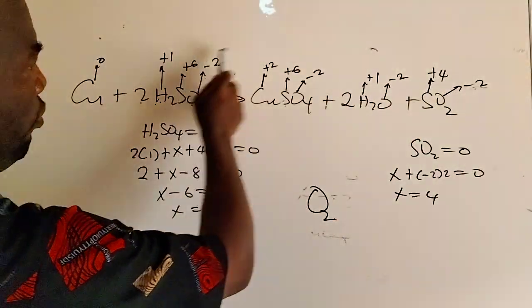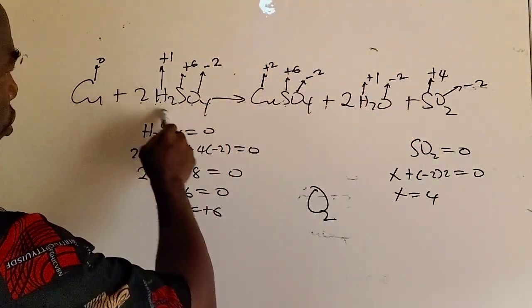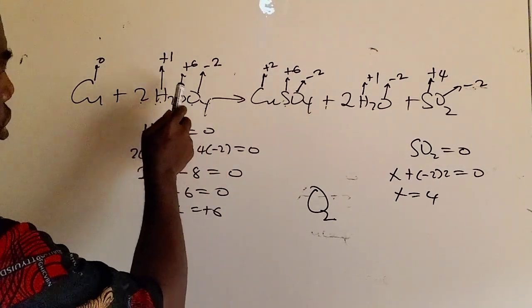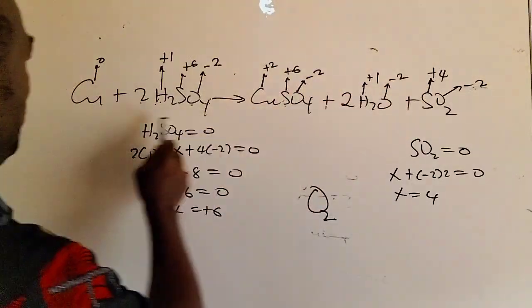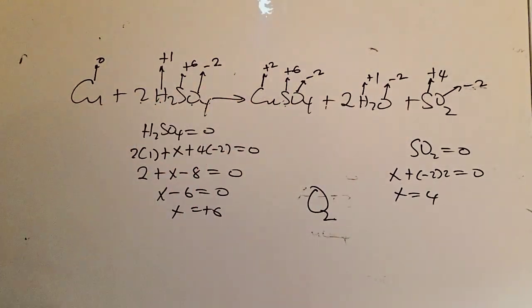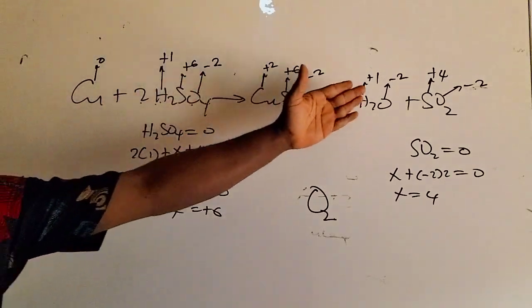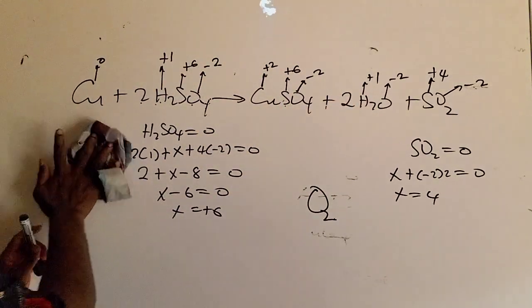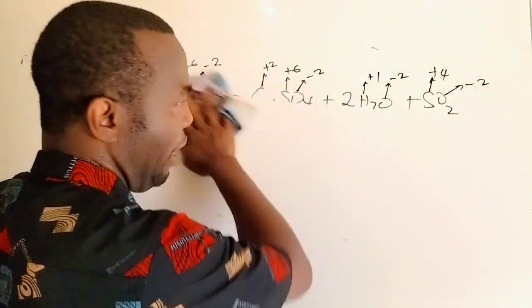So from 6 to 4, this compound has been reduced because it's sulfur that brought about the change, even though the other ones are constant. Sulfur decreased from 6 to 4, but here copper increased from 0 to 2. This compound has been oxidized, so this is a redox reaction. As long as there is a change in oxidation state of one of the elements when you're moving from left to right in each compound, that reaction is a redox reaction. But if there is no change at all, that means it is not a redox.